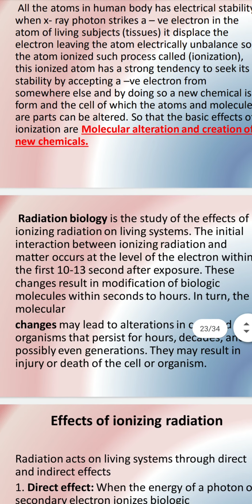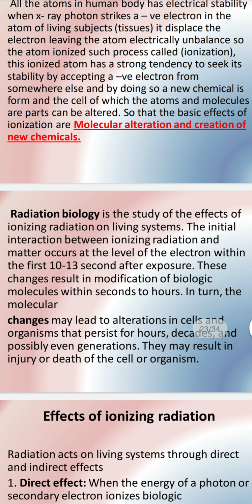Radiation biology is the study of the effect of ionizing radiation on living systems. The initial interaction between ionizing radiation and matter occurs at the level of the electron within the first 10 to the minus 13 seconds after exposure.